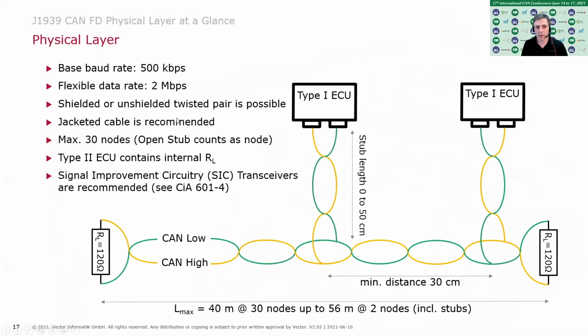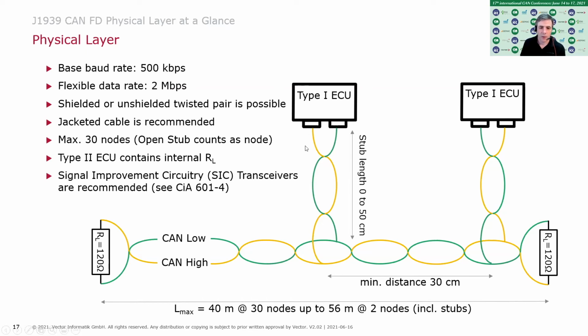The cables are defined as shielded and unshielded twisted pair. It is recommended that the cables are jacketed so that the twist is maintained. And we can have a maximum of 30 nodes. If you have an open stub, so if you do not attach a node there, it anyhow counts as a node.